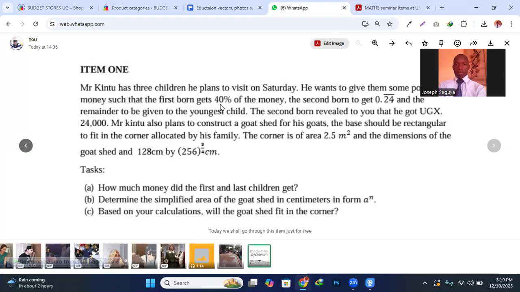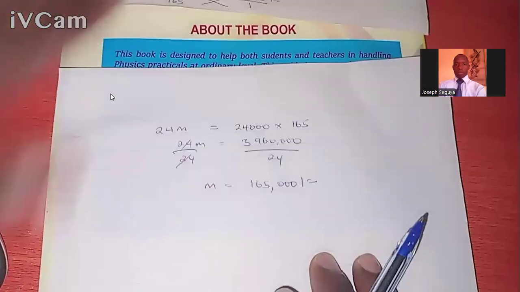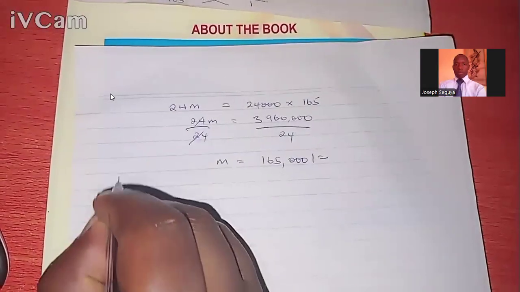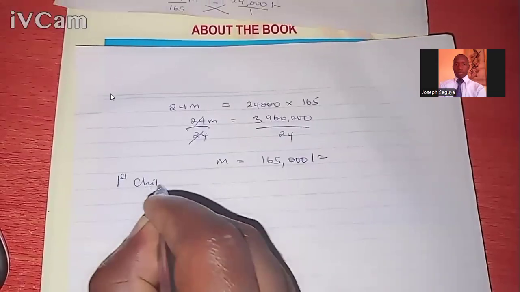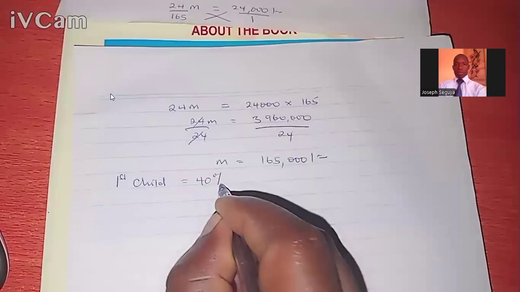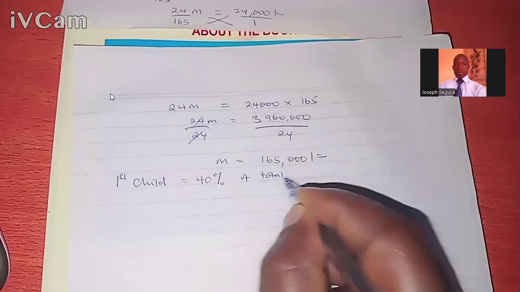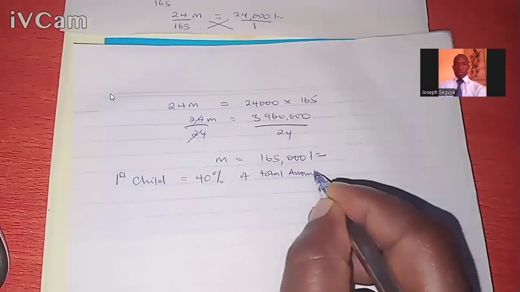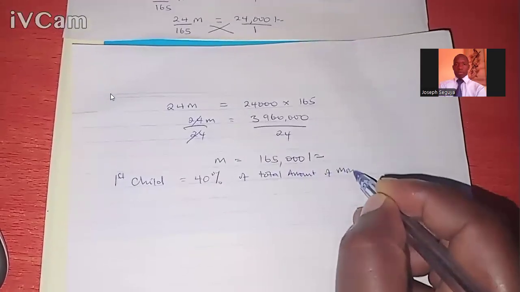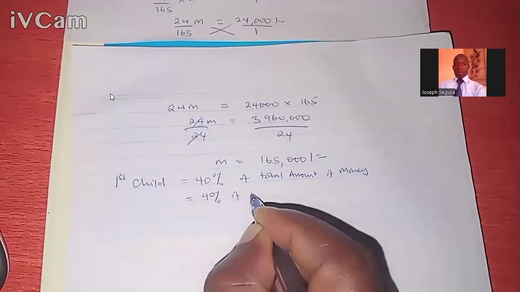So remember, our money is 165,000. So for the first child, he got 40% of the total amount of money. And that is 40% of M.